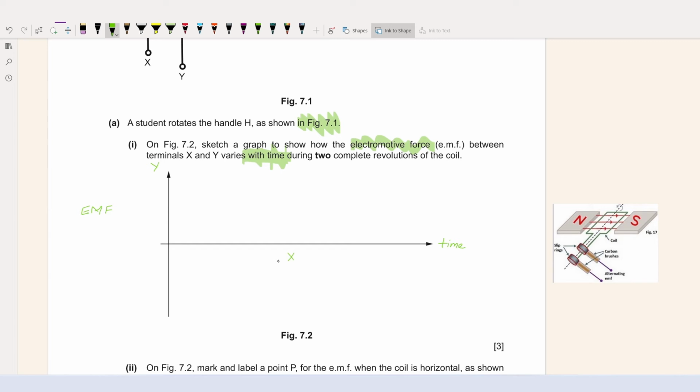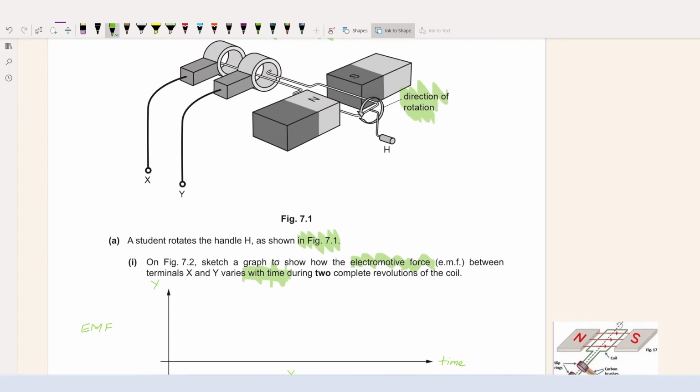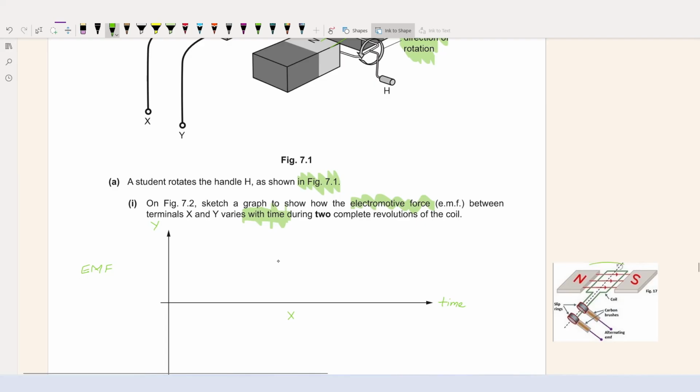And as you know, the graph for an alternating current generator is a sinusoidal graph, and we know that electromotive force is the highest when the plates are parallel to the field lines, because at that time they're going to be cutting all the field lines, right?